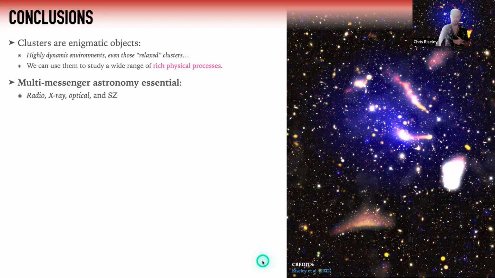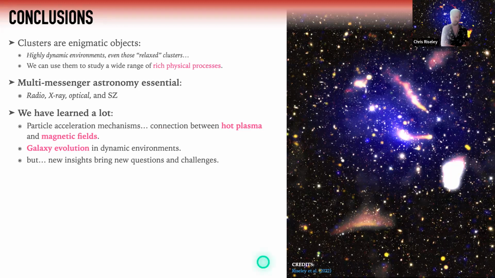I hope I've made it clear just how essential the multi-messenger or multi-wavelength approach is, using radio, X-ray, optical, and SZ to really piece together the full picture of what's going on in these clusters. We've learned a lot about particle acceleration mechanisms, the thermal, non-thermal connection and magnetic fields in clusters, galaxy evolution in dynamic environments.